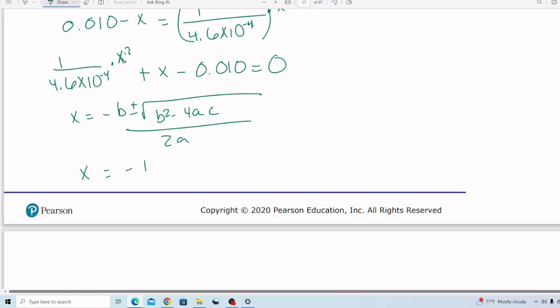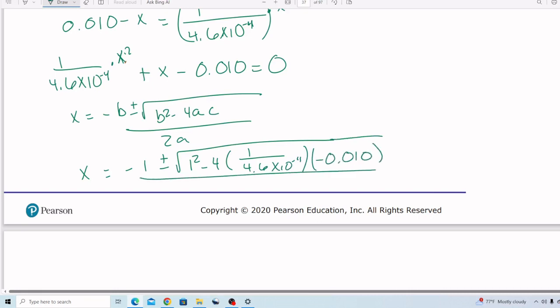So X is equal to minus 1 plus or minus the square root of 1 squared minus 4 times 1 over 4.6 times 10 to the minus 4 times negative 0.010, divided by 2 times 1 over 4.6 times 10 to the minus 4.